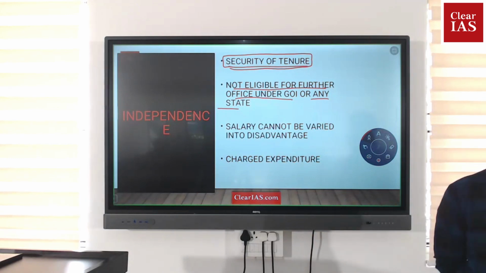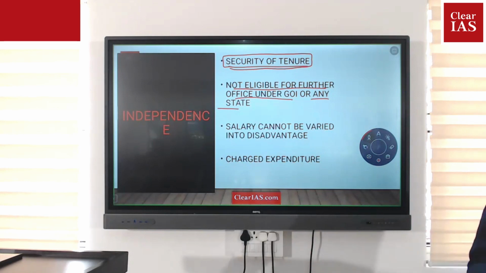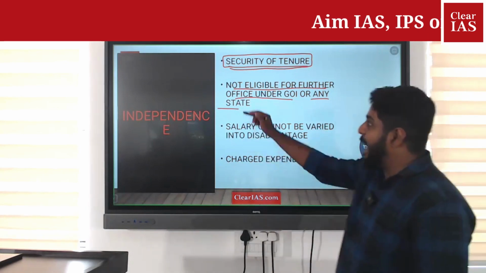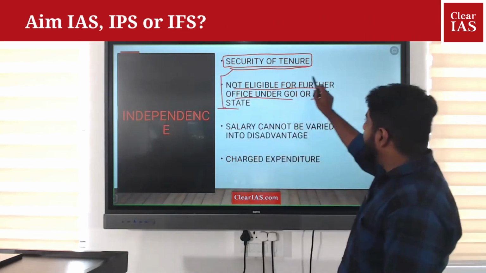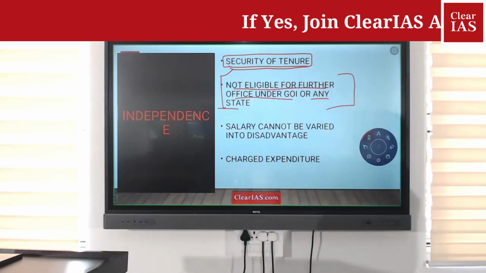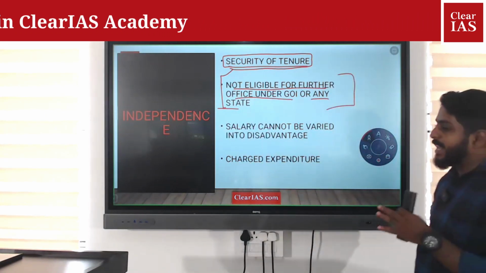Is such a thing likely to happen in a democratic form of government? No. So that is the reason why Dr. Ambedkar has clearly mentioned that he is not eligible for further office under the government of India or any state.